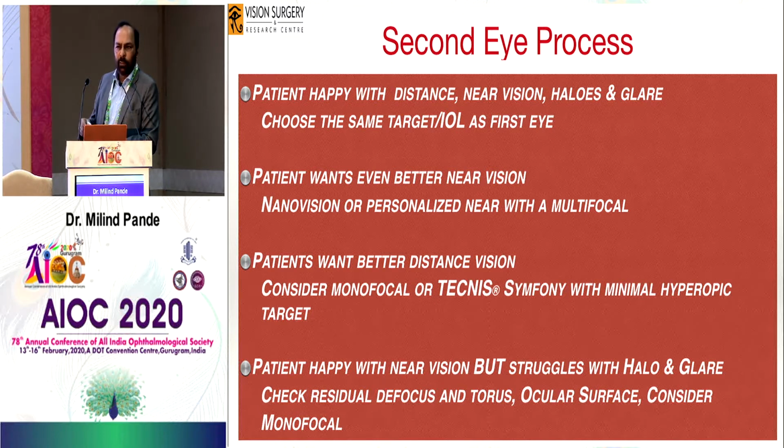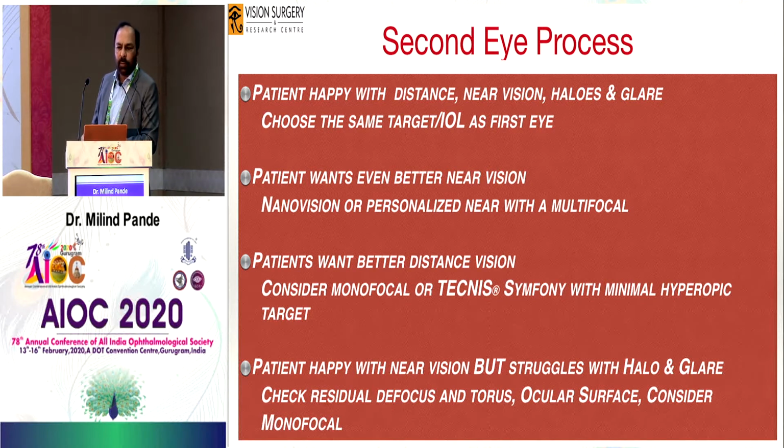If patients want even better distance vision, let's say the patient ends up half a diopter myopic, they're fantastic for near, but they want even better distance vision, then I would consider a monofocal in the second eye or an EDOF lens in the second eye.